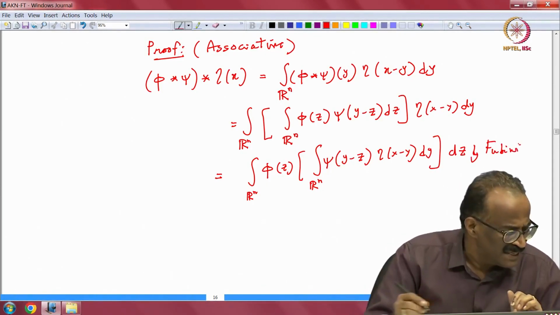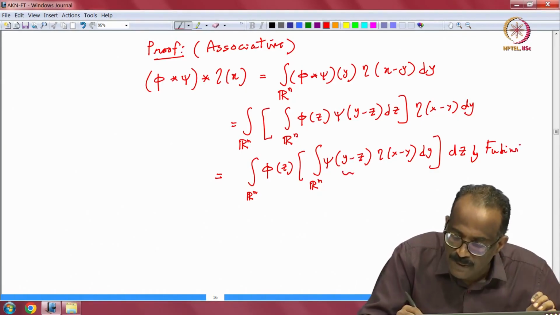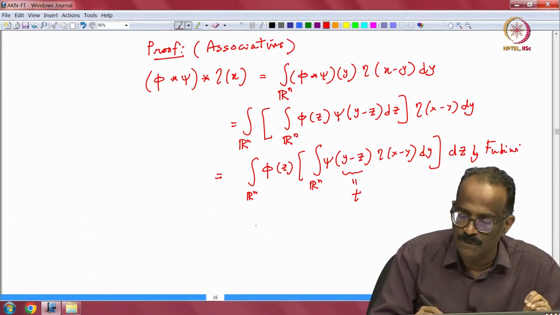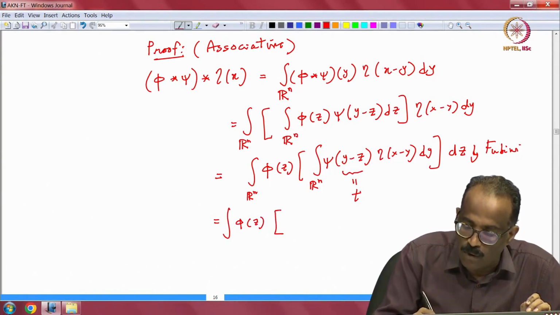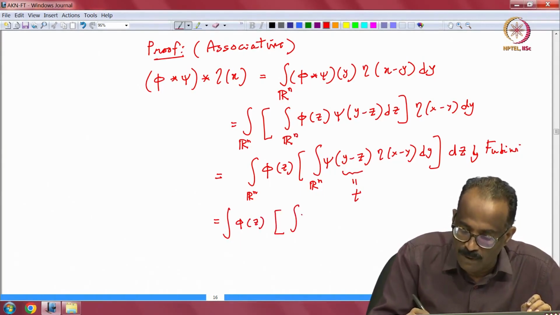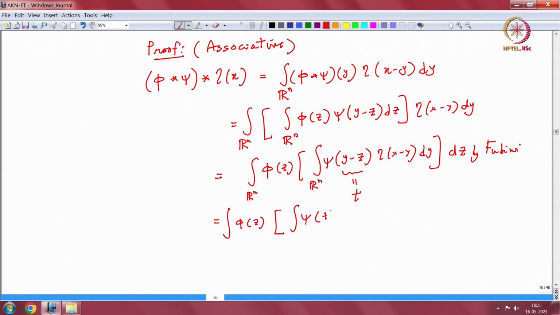Now, make a small change of variable: define y minus z equal to t, then substitute for your y. That gives the integral over Rn of phi of z, times the integral over Rn of psi of t eta of x minus z minus t dt, dz.